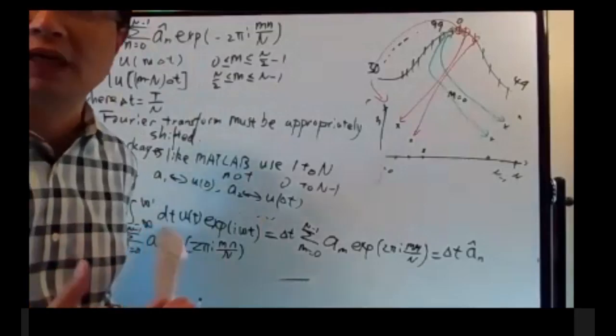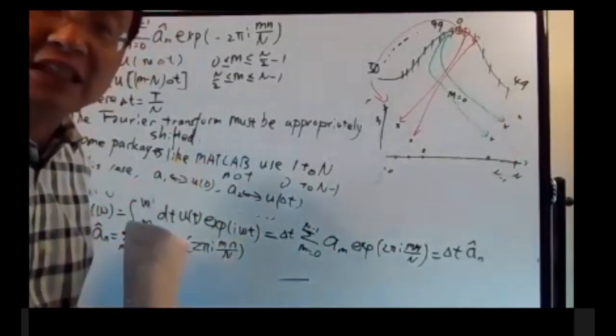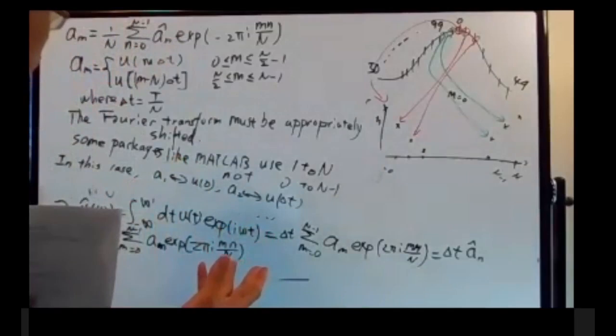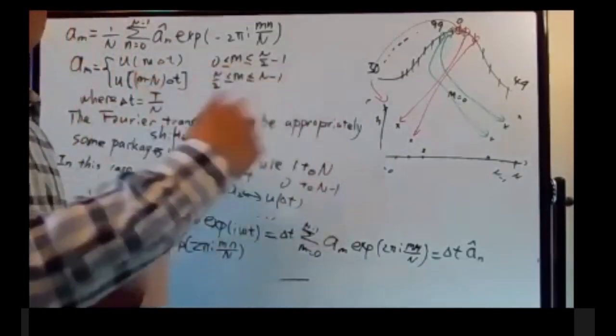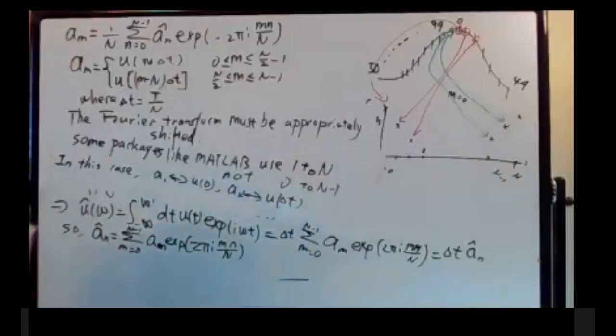It is a constant. In the spectral domain, we only need to have the shape. But keep in mind, A_n hat and U omega have a ratio of delta t. It is okay because delta t is a constant.